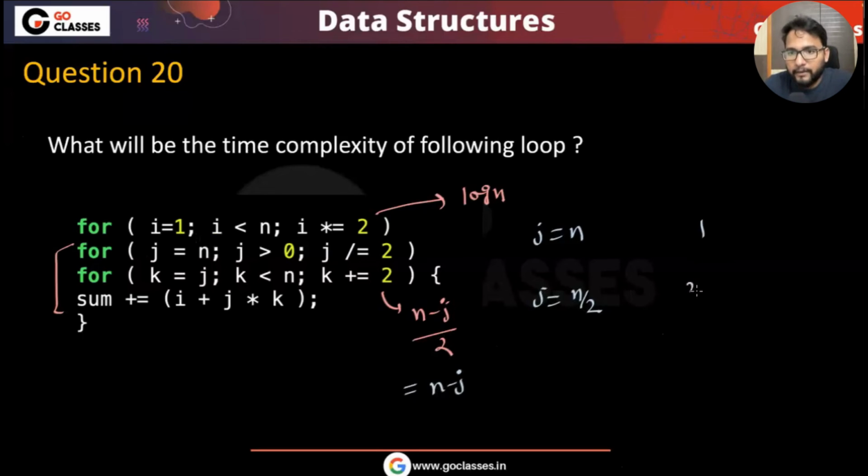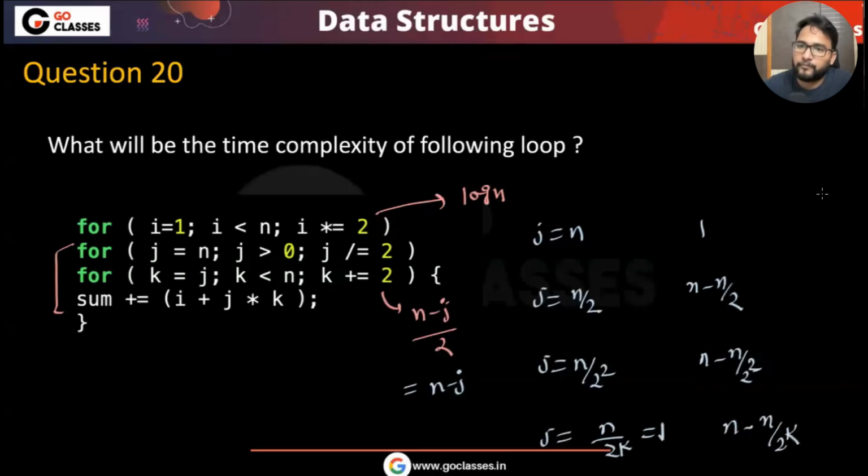This is going to run n minus n by 2. For j equal to n by 2 square, this is going to run n minus n by 2 square. Similarly, for j equal to n upon 2 power k, let's suppose this is 1 ultimately, which is n minus n upon 2 power k. How many terms are these? k terms, right?